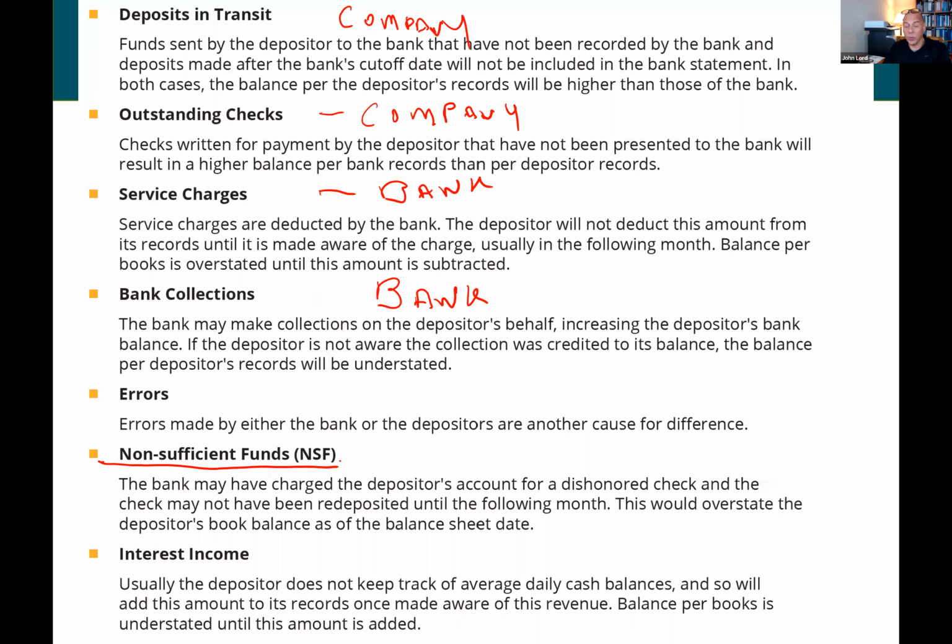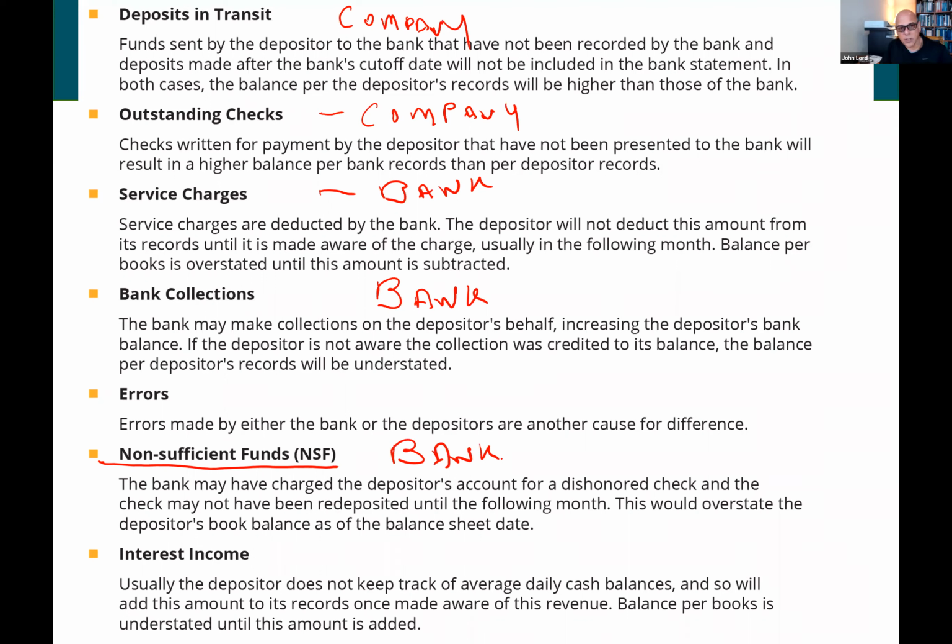So even though you included that in your account balance, you should not have, because that cash wasn't in receipt of you until later on when you follow up with the customer in that next year and get that cash. So that would be something that the bank would know about first, okay? And then you would have to adjust the book balance for that.